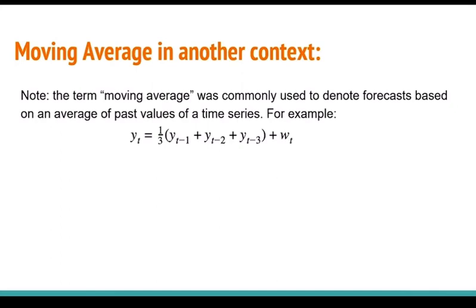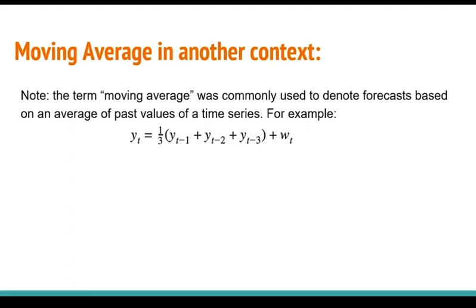If you want to do a three moving average, like what I'm showing you right now, this is not the moving average model that we're referring to. I'm just letting you know this is moving average in another context. If you listen to news about COVID cases, they tell you 5-day average, 7-day average. That is what I mean.